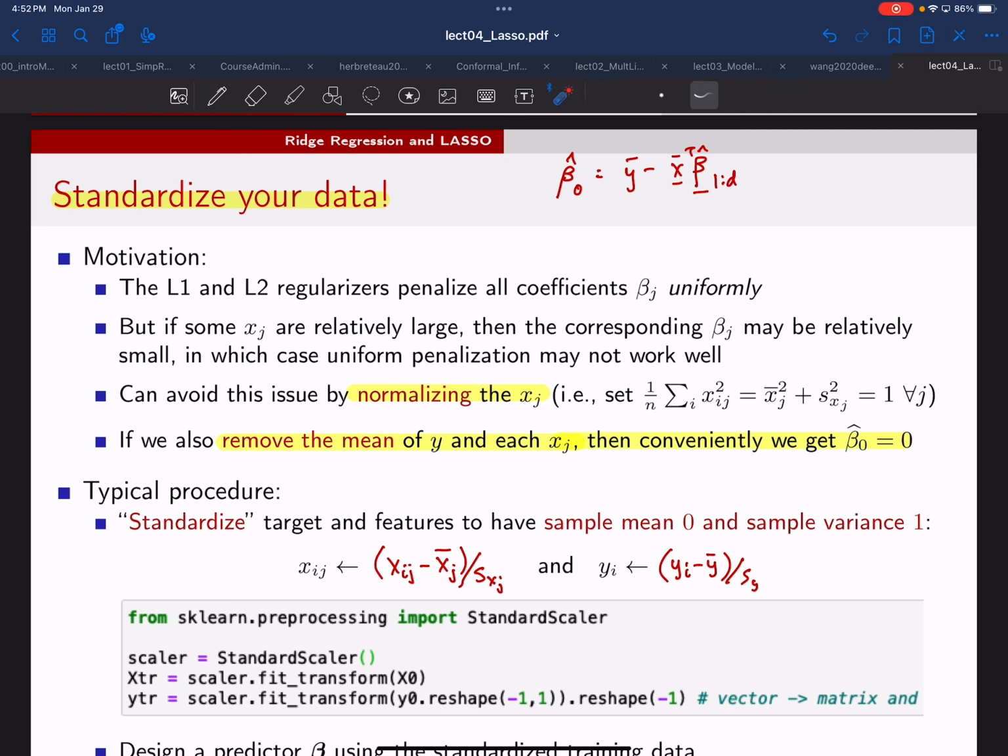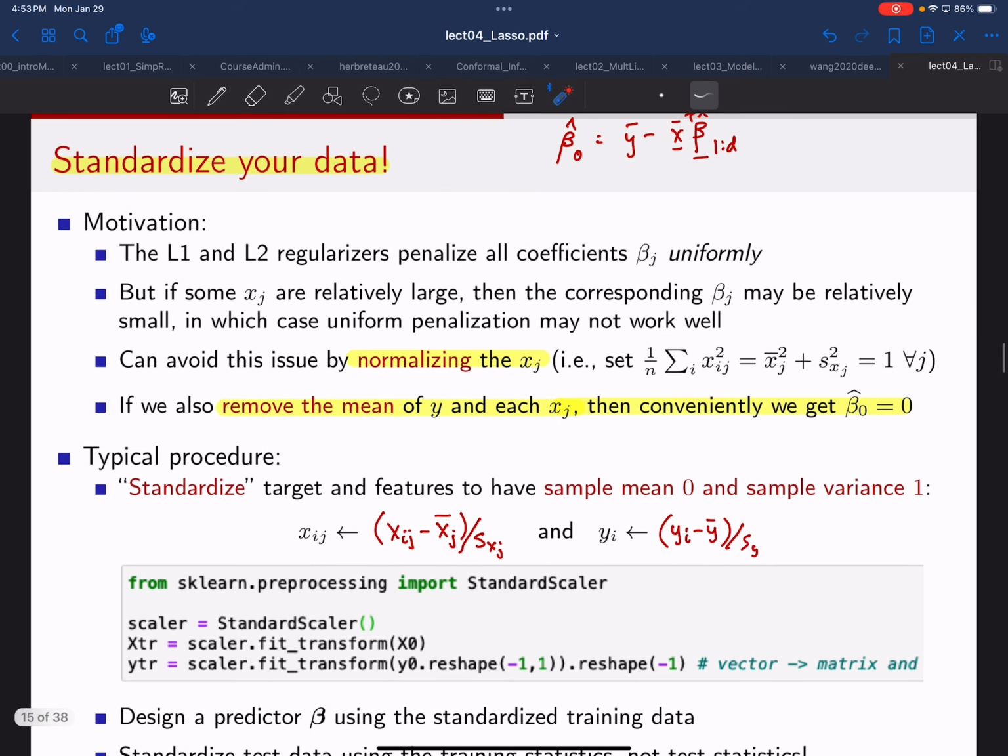The normalization of the y's is not really important. I'm just doing this for consistency. We can use the same procedure on both. What really matters more is that you remove the sample mean here. Okay, so that's what we call standardization. It's like normalization, but you're also removing the mean too.